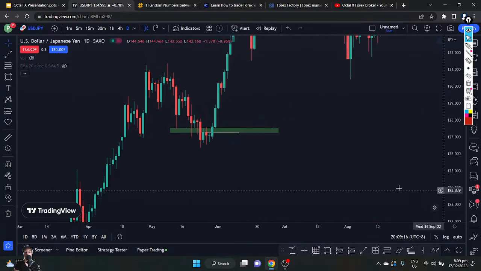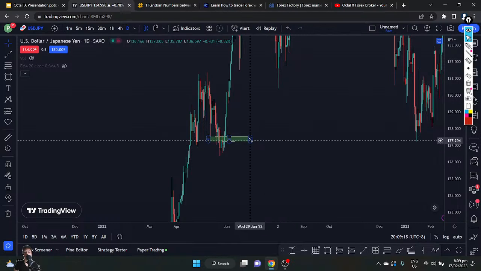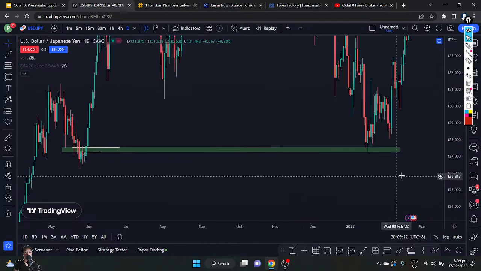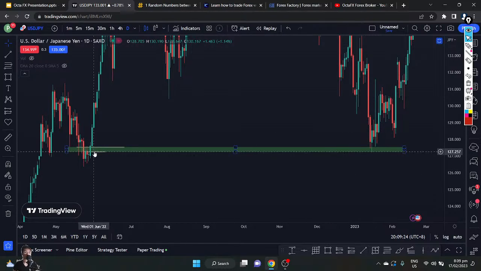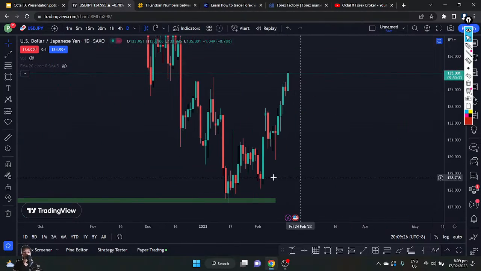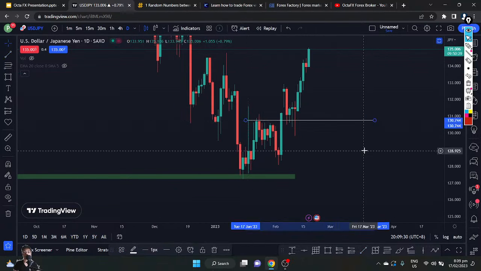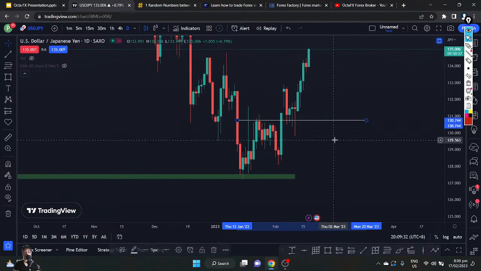So if you look into this level, this is where the price started to go up. Right after reaching this imbalance zone, we can see that the price went up. The price even created a breakup structure here, which is a change of character.